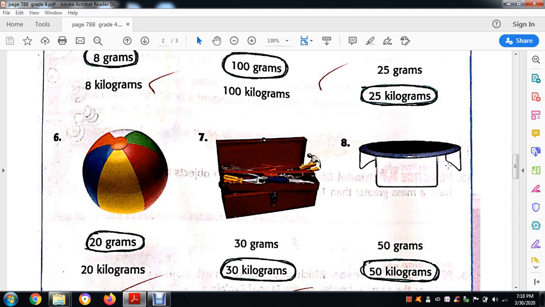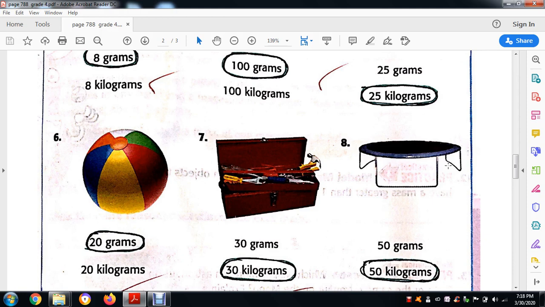Question number 7, it is a metallic tool box. It is a metallic box containing different types of tools, hammers and many things. They are asking whether it is 30 grams or 30 kilograms. It is a metallic box, heavy weight, and all the tools are also heavy weight.